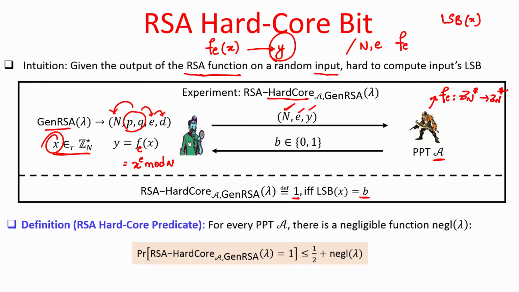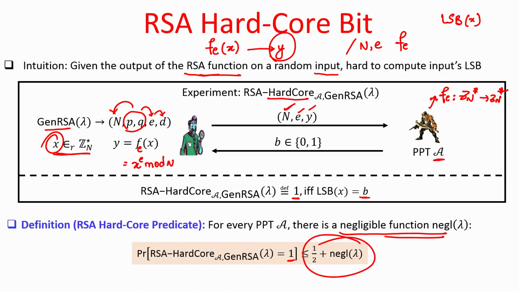And we will say that computing the LSB of x indeed constitutes a hardcore predicate if for every polynomial time adversary participating in the above experiment there is a negligible function such that the probability that the adversary can win the experiment, or correctly computes the LSB of x, is upper bounded by half plus the negligible function.